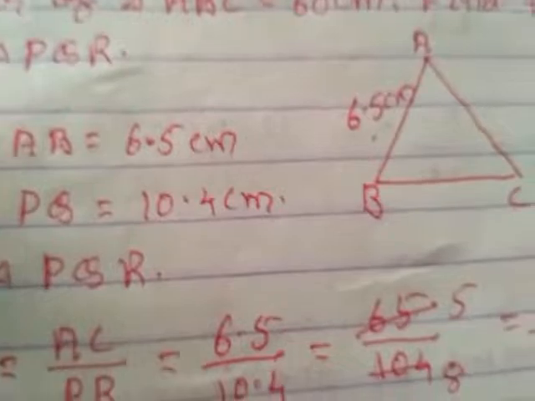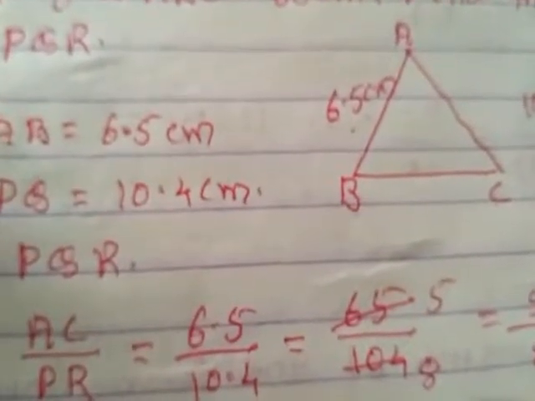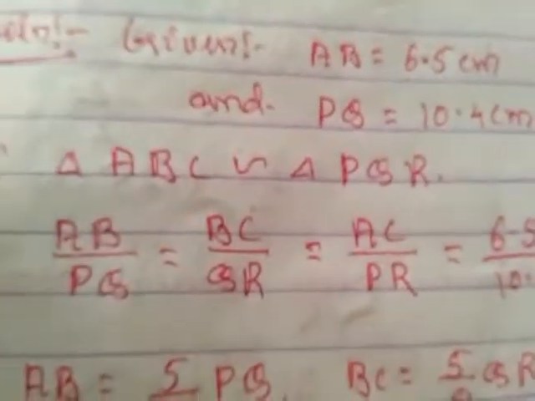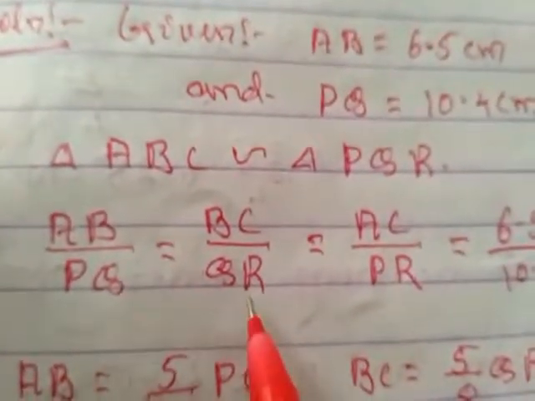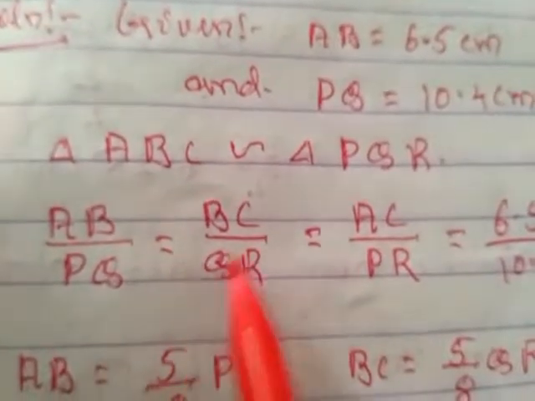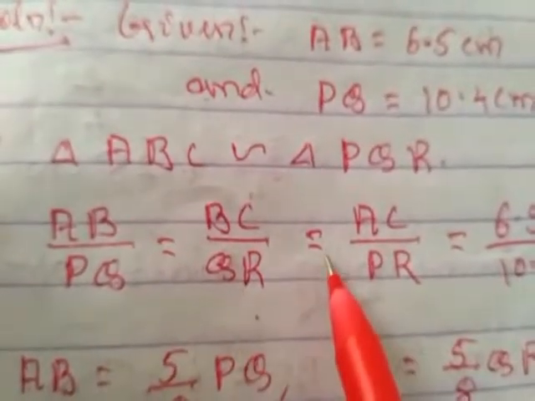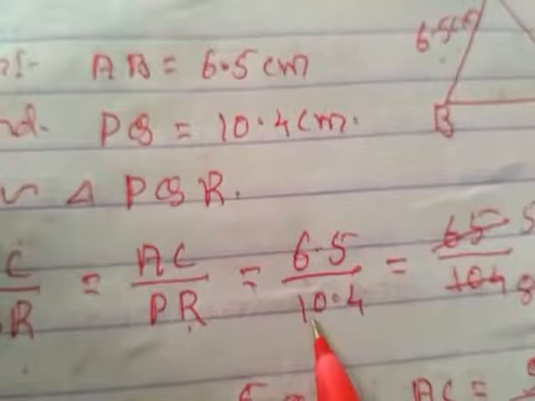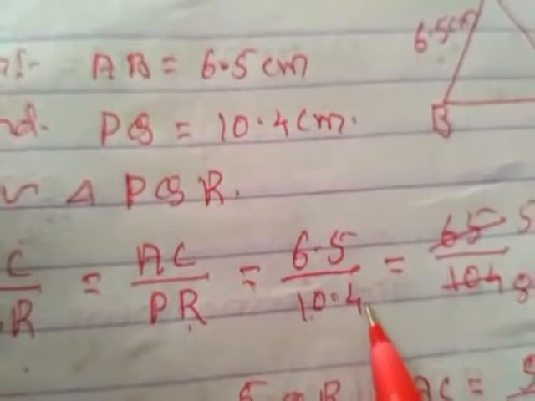So now, since triangle ABC is similar to triangle PQR, their corresponding sides must be proportional. That is, AB by PQ equals BC by QR equals AC by PR, which is equal to 6.5 by 10.4, because AB was 6.5 and PQ was 10.4.